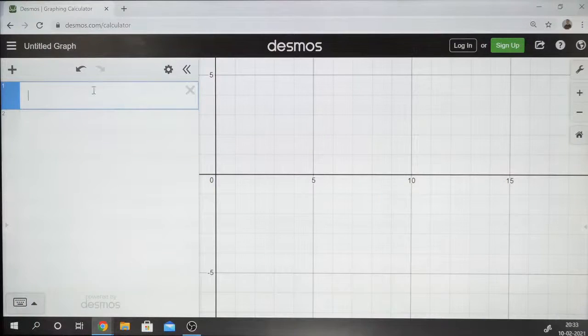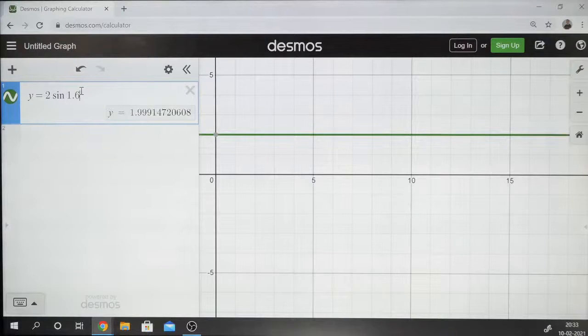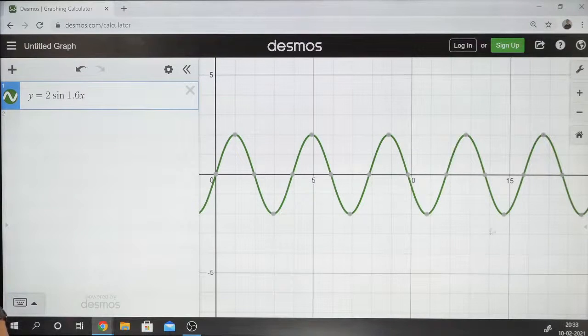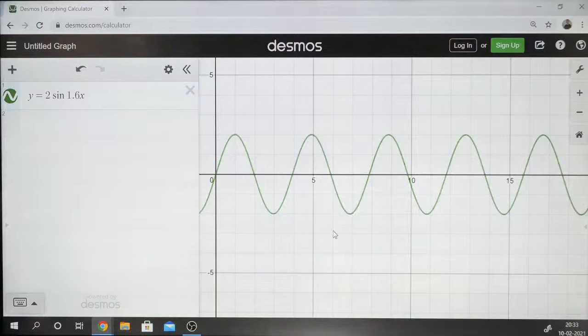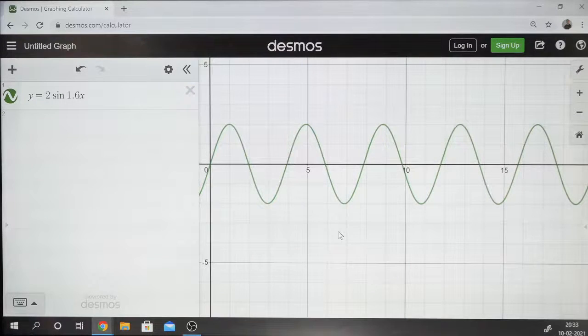All right. Now, how about creating y is equal to 2 sine maybe 1.6x. This is the graph. You can see that. All right. This is the graph which you can see. Now, let me create another wave. Okay.